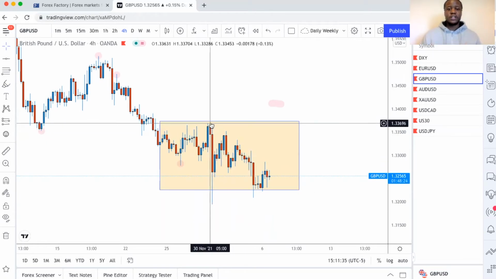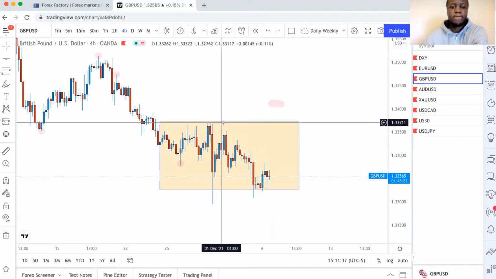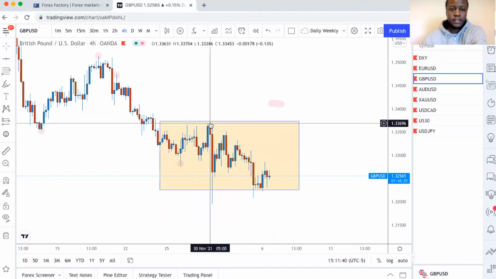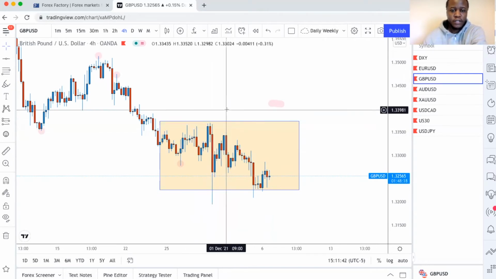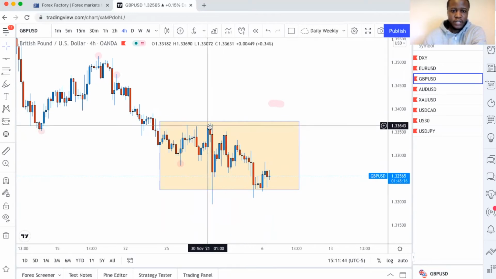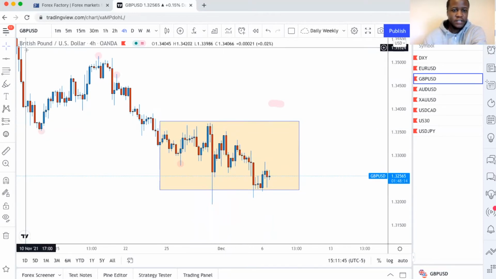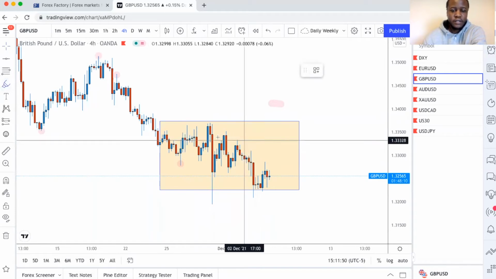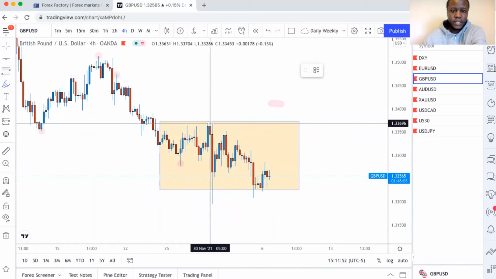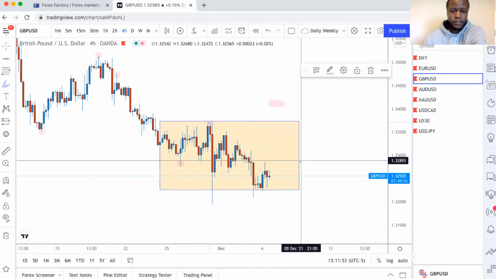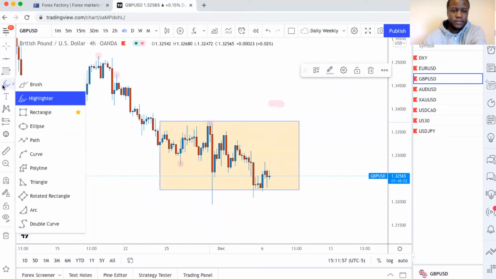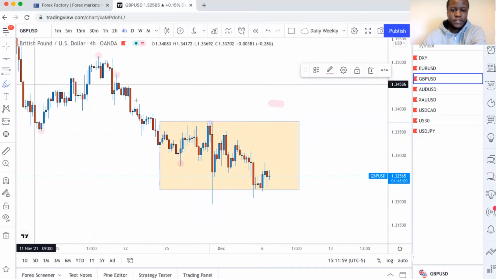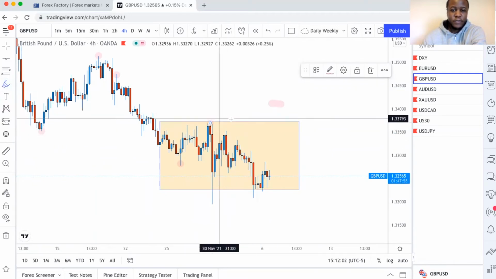So when it's in consolidation like this, I'll look for a clear move to the upside or to the downside. This is not really that clear and it's in consolidation, so I still wouldn't enter. But it would be the last swing high. And then what happens? You'd be looking for a move to the upside, right?